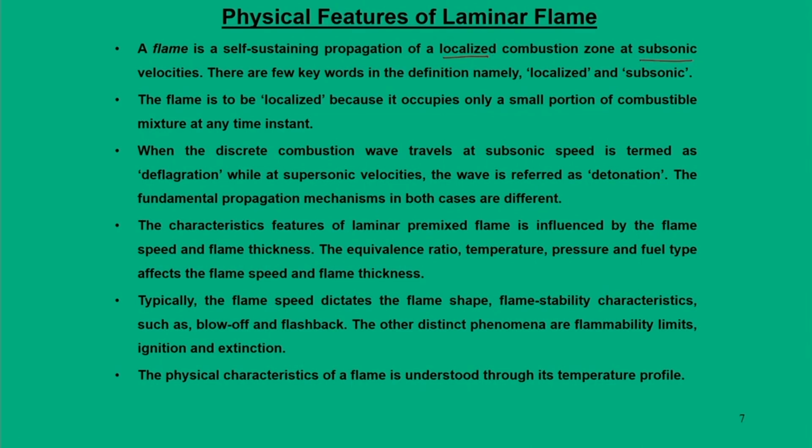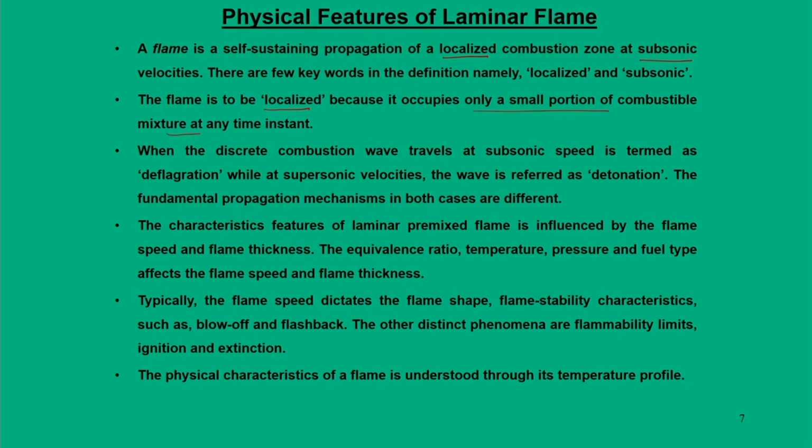Because in advanced versions of combustion we can have supersonic modes of combustion, where air and fuel movement is treated as being at supersonic speeds. However, that is not part of the course. To understand particular features of laminar flame, let us see why this flame has to be localized: because it occupies a small portion of combustible mixture at any time instant.